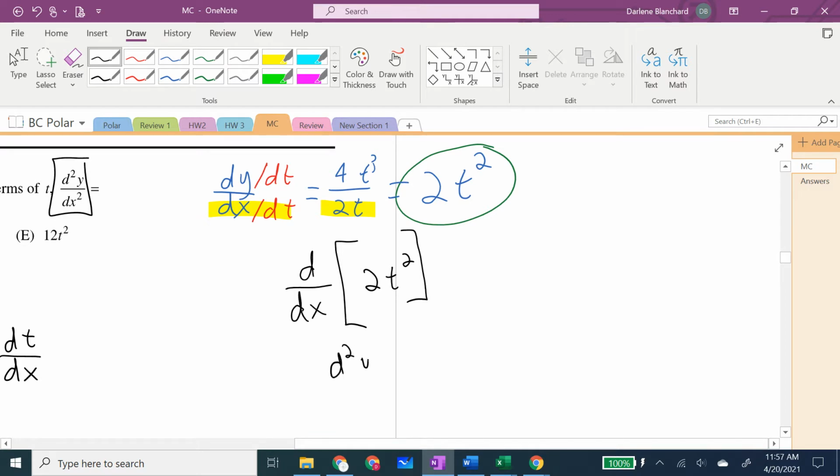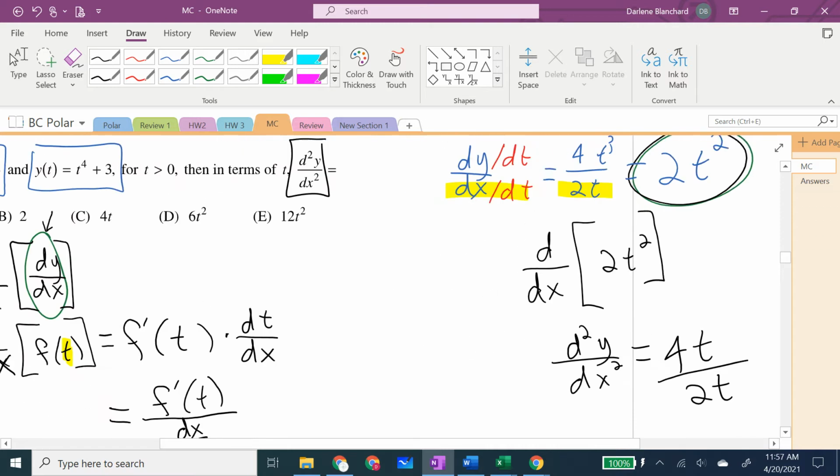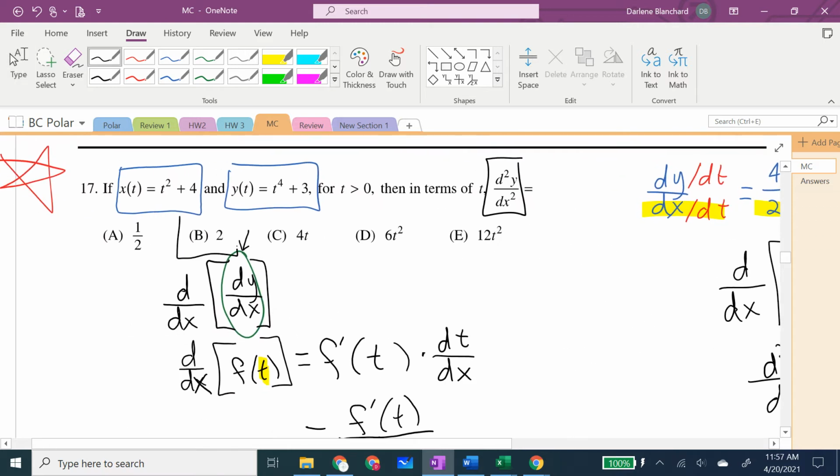So to get d squared y over dx squared, derivative is 4t, but I am dividing that by dx dt, which I already know is 2t. And when I simplify that, I'm getting the number 2, which is letter B.